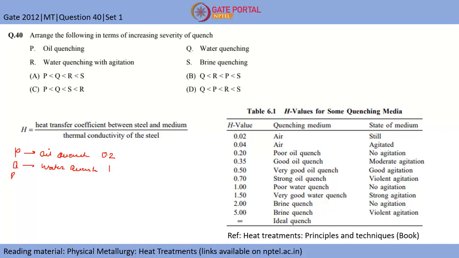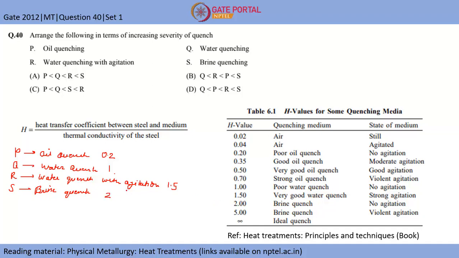R is Q with agitation, basically water quench with agitation. This is a very good water quench with strong agitation, which is 1.5. And S is brine quench. In brine quench, you can see with no agitation it is 2.